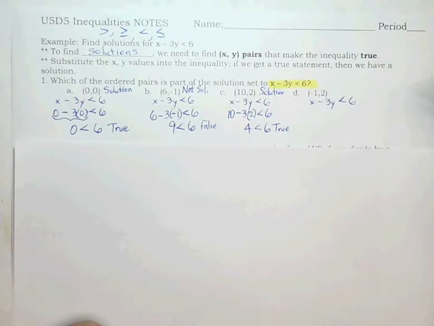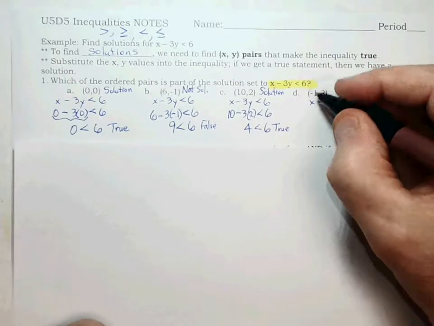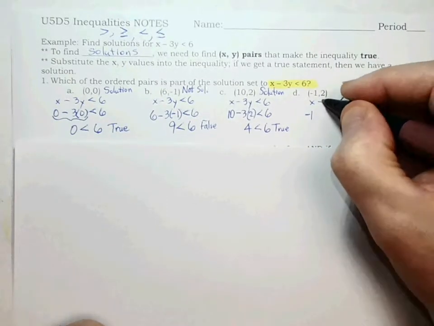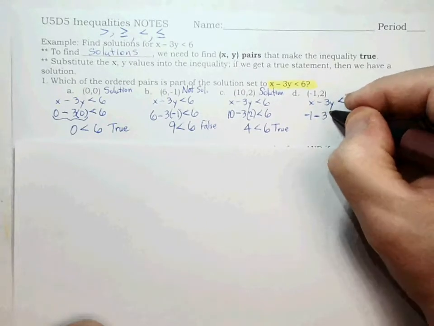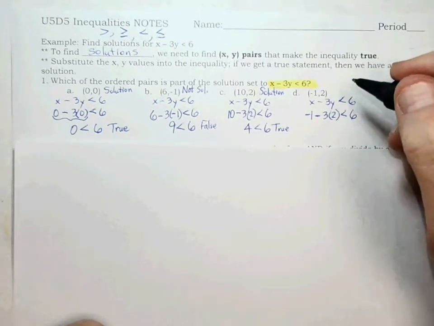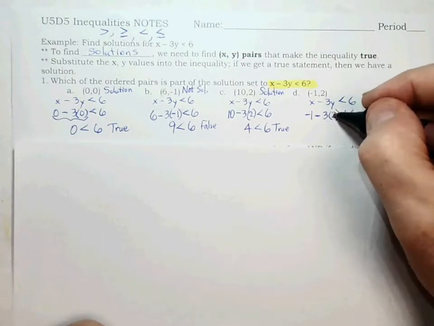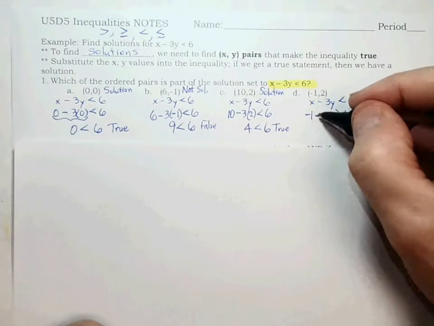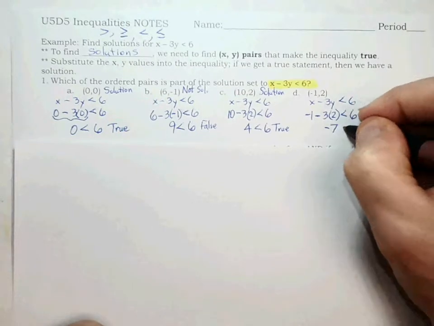Go ahead and try D. Well, here's how you do D. You have a negative 1 for an x minus 3 times the positive 2 for a y. All right, so that's going to be 3 times 2 is 6. So what is negative 1 minus 6? It's negative 7.